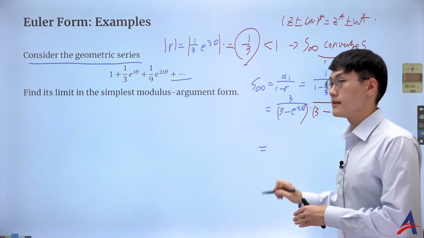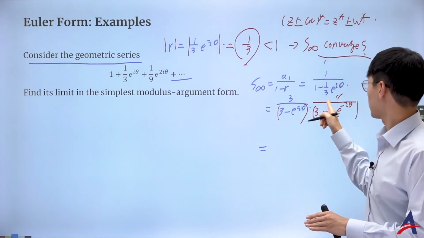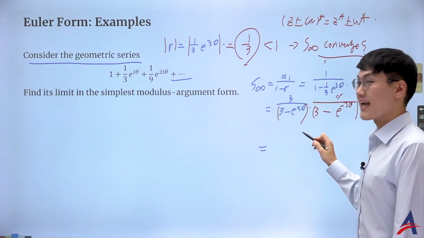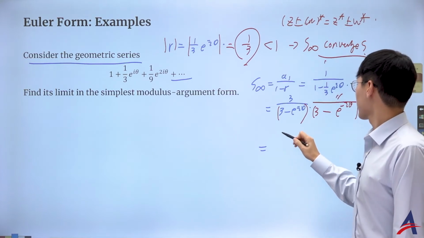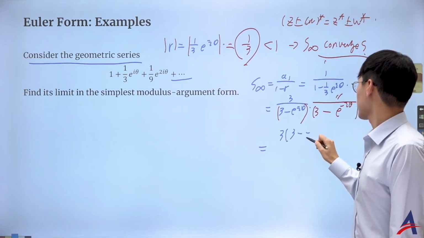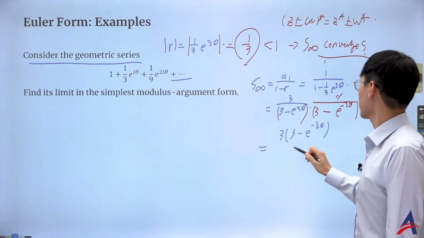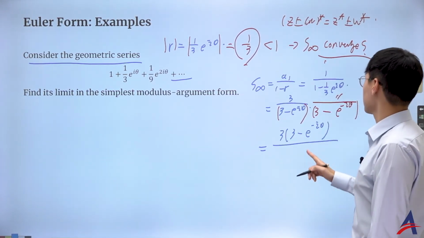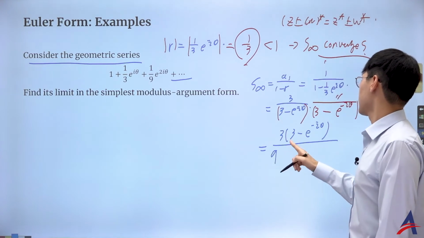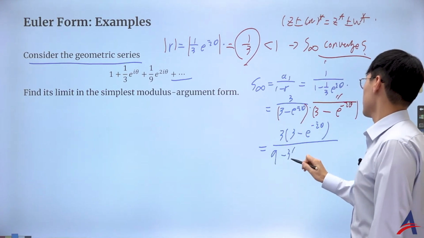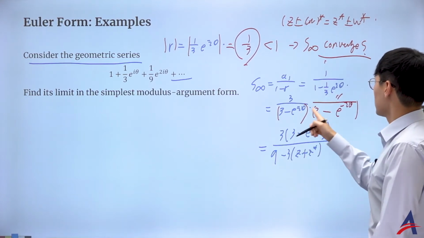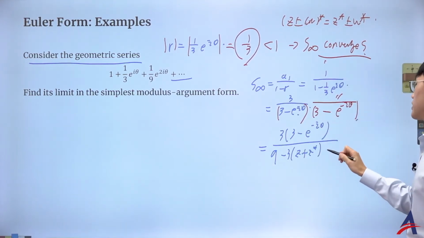So let's expand. That's going to be 3 minus e to the power of negative i theta, over, and let's distribute the denominator. It's going to be 9, then minus 3 times the complex number and its conjugate sum, and then the product of the complex number and its conjugate.